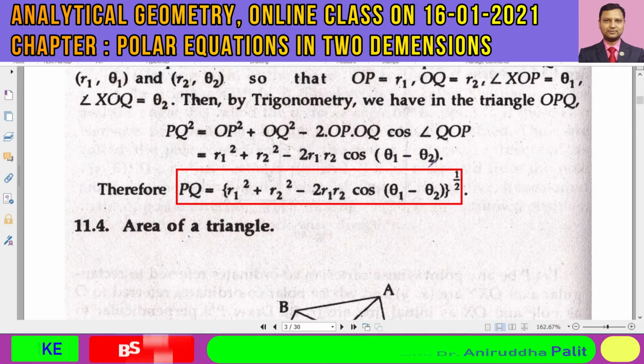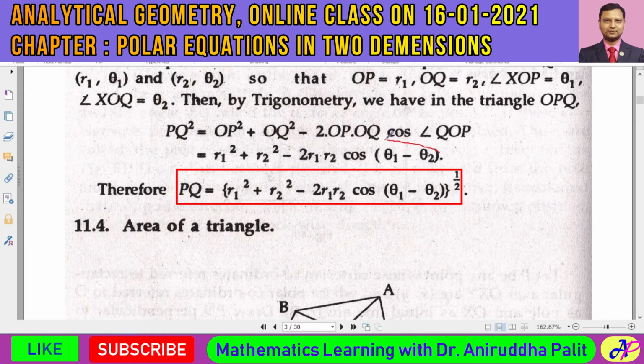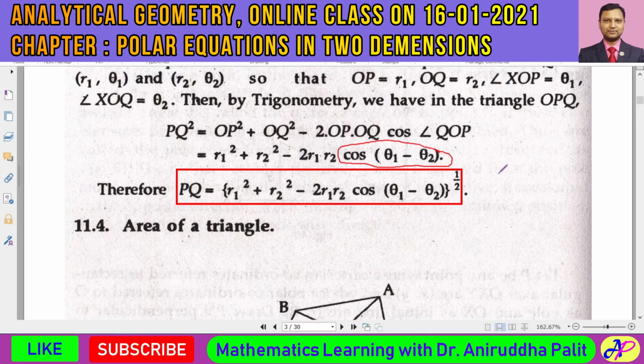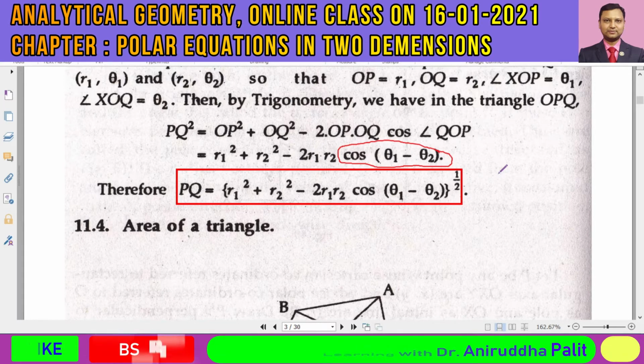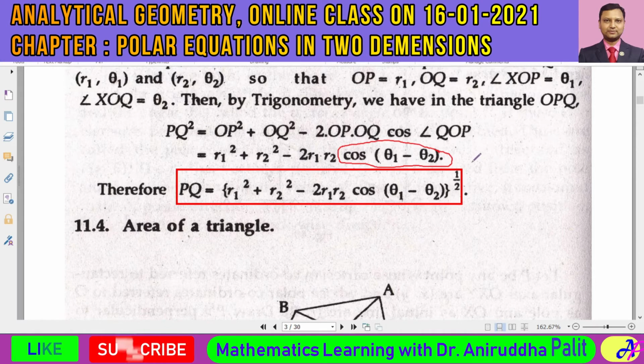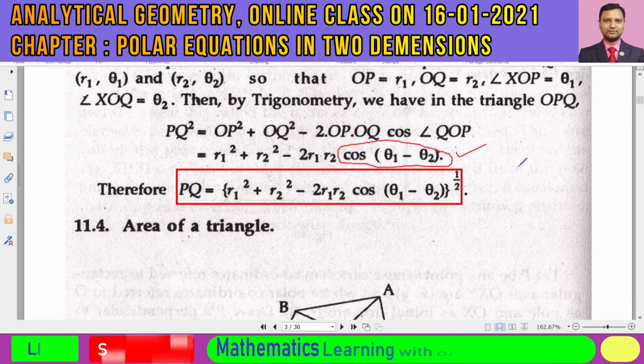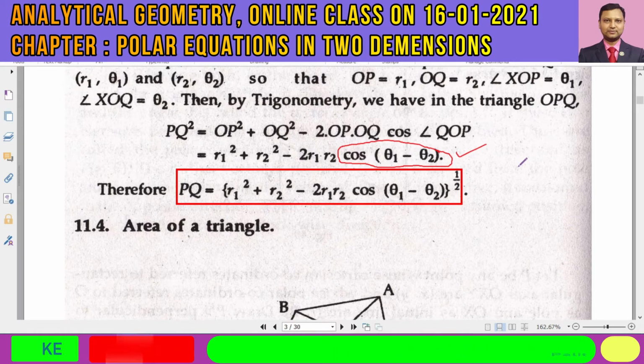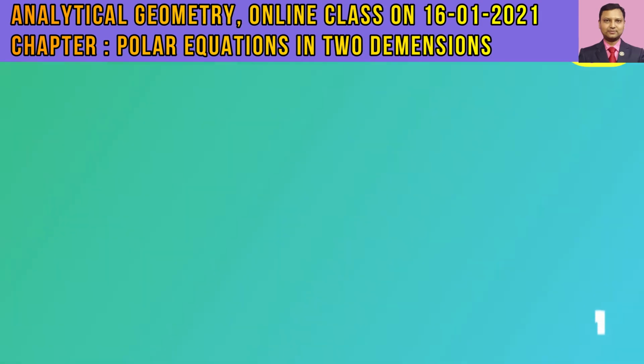Because cos of theta 1 minus theta 2 and cos of theta 2 minus theta 1 have the same numerical value. So the formula remains intact whichever combination you use, theta 1 minus theta 2 or theta 2 minus theta 1, it doesn't matter. All right.